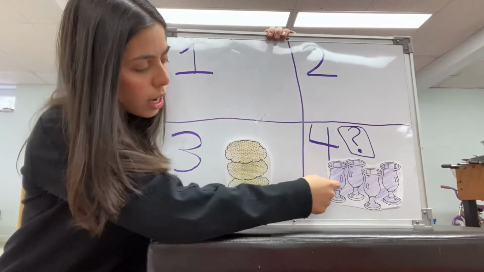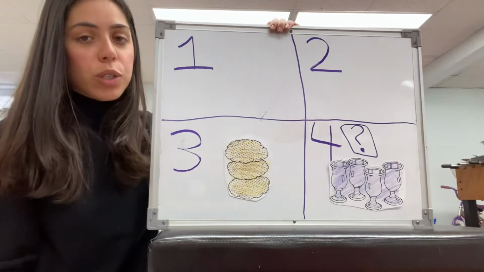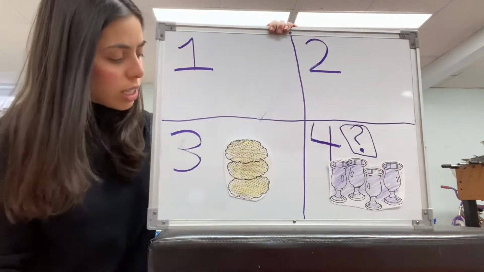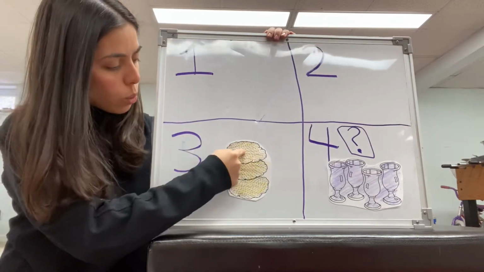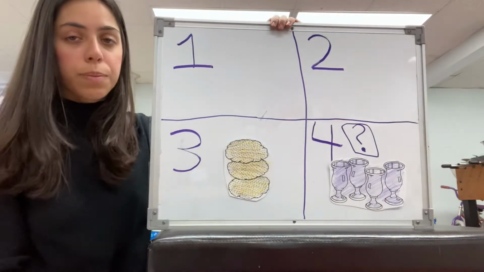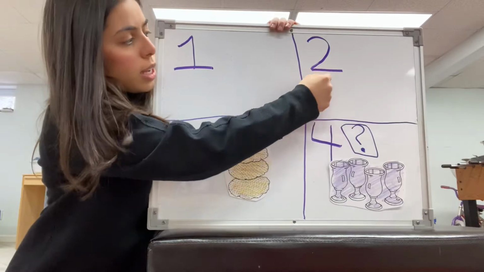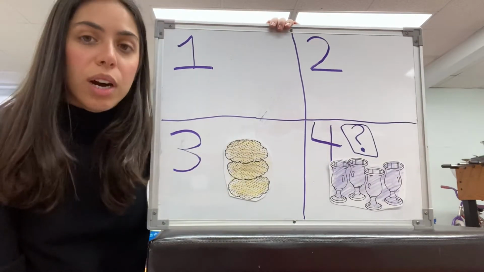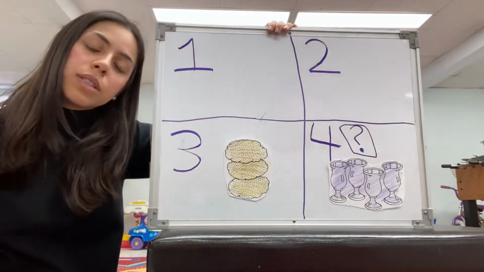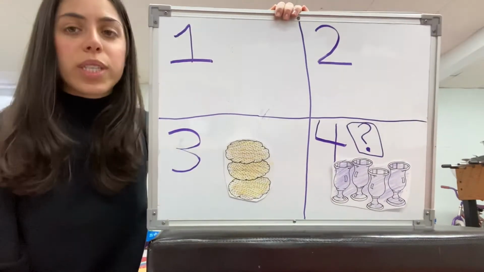4 cups of wine or grape juice, or 4 questions. 3, this is the number 3. 1, 2, 3 matzot. Let's go backwards again. Number 2. What do we have 2 of on Pesach? What do we do 2 times? Who remembers?